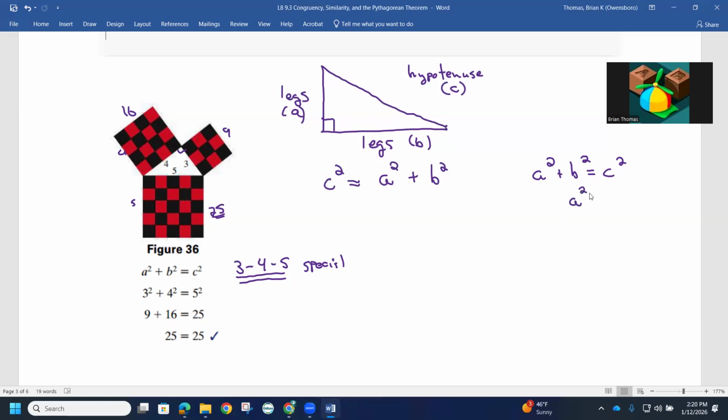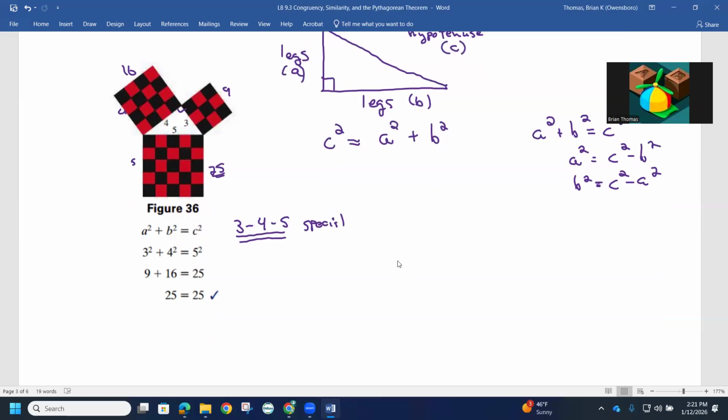So you could say a squared is equal to c squared minus b squared. Or you could have kept the b squared and subtracted the a squared, so b squared is equal to c squared minus a squared. So notice that you can manipulate algebra the same way we did with numbers by just using our property of equality. What you do to one side, do to the other, and I can create different formulas.